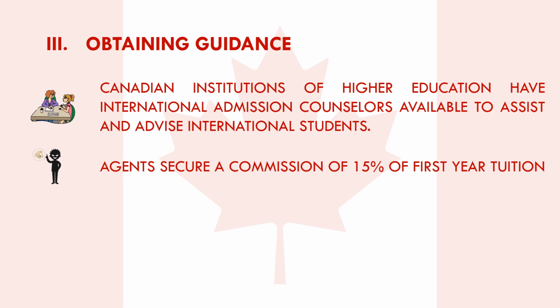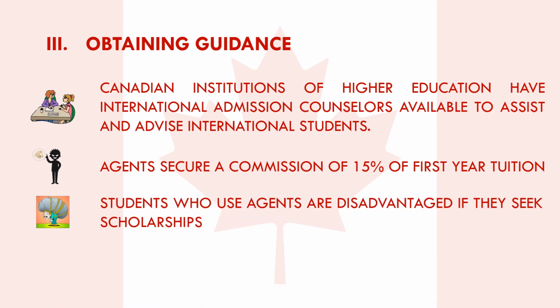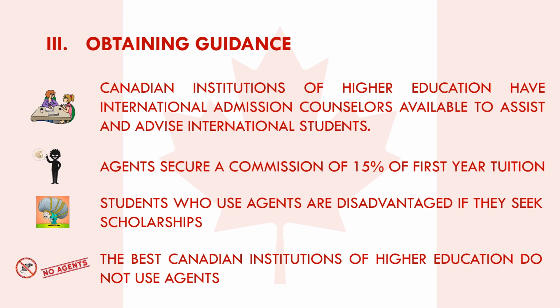Although the institution pays the commission, students who use agents are highly disadvantaged if they seek scholarships. Institutions would rather use scholarship funds to attract non-commissioned students. The best Canadian institutions of higher education do not use agents, for they do not need them to attract applicants.